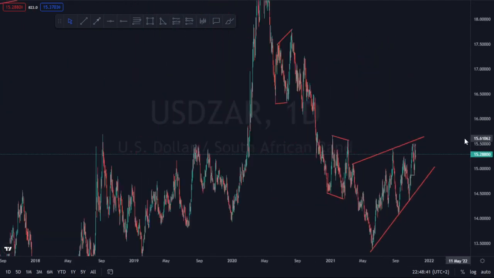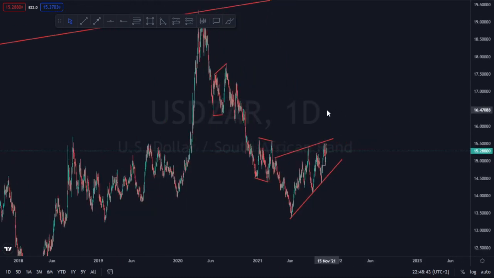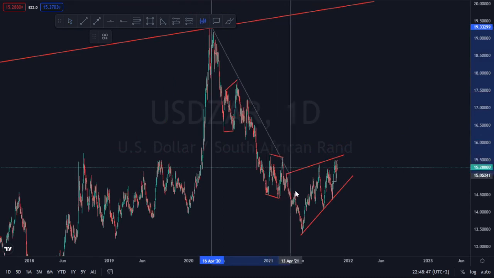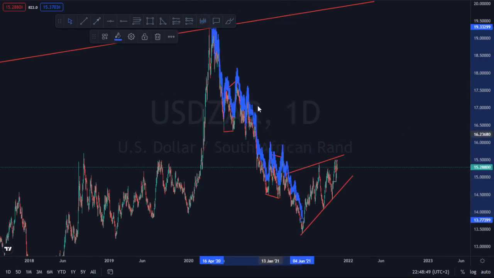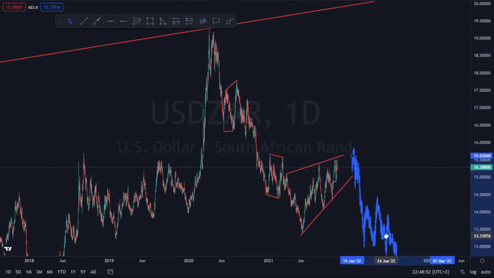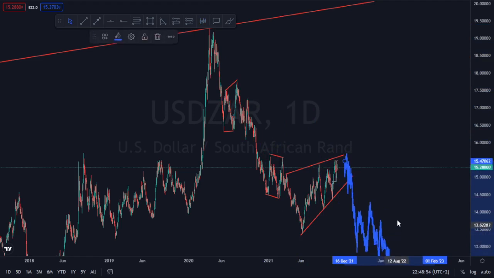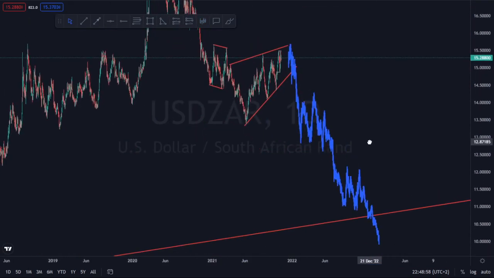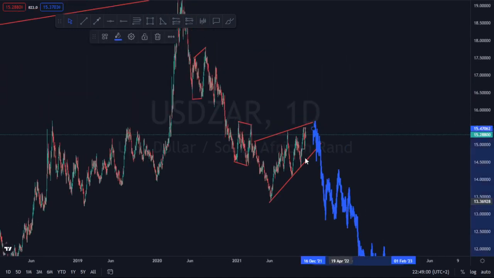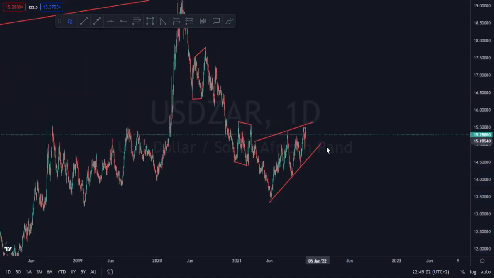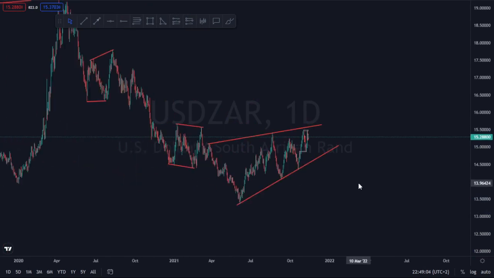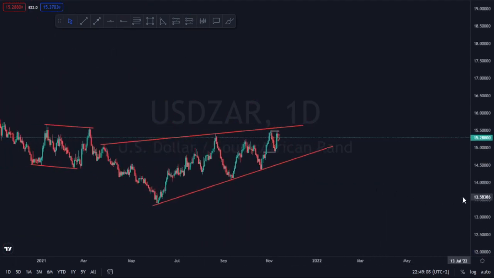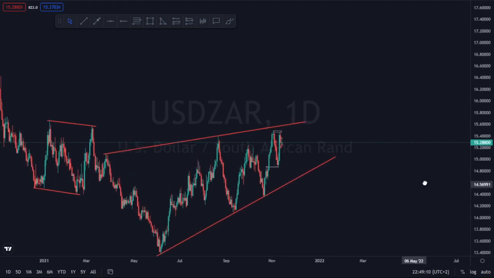So actually looking for this move, this long leg to come. Hopefully it will come. And like I said, that's just more of a long term, guys, maybe next 2 years or something. But we'll see.